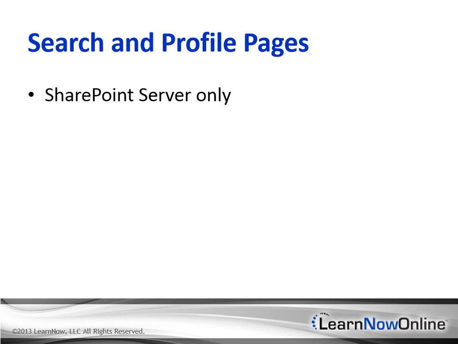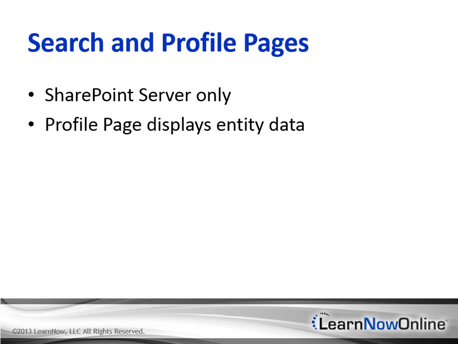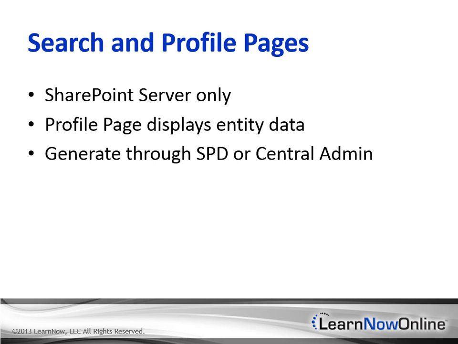Okay, so a profile page displays entity data and it's used for search results and optionally as a link via a BCS action. You can generate profile pages through SharePoint Designer or Central Admin. Again, they will get presented to the user in search results.